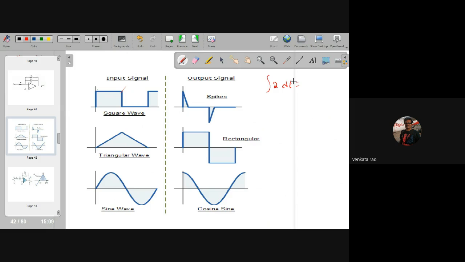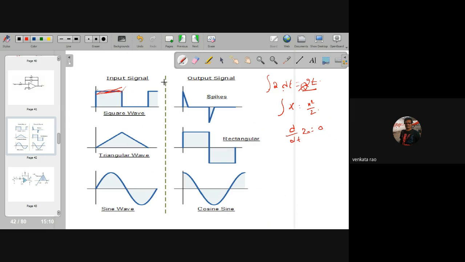The integral of a constant is t, and the integral of x is x squared. Similarly, d by dt of a constant is 0, and the differentiation of x is 1. Now this is a constant value. For an integrator, the integral of a constant is t, linear.